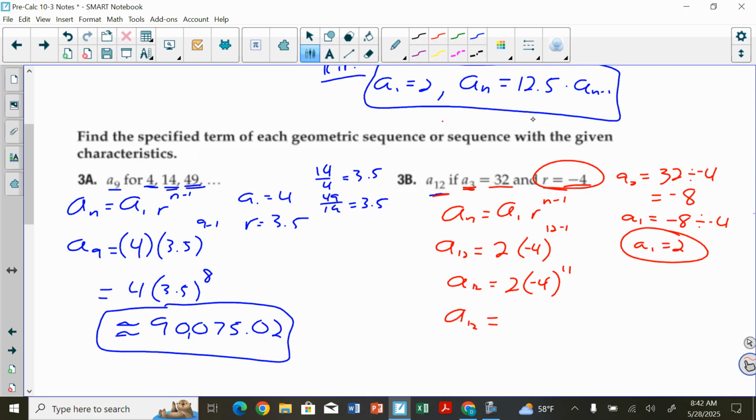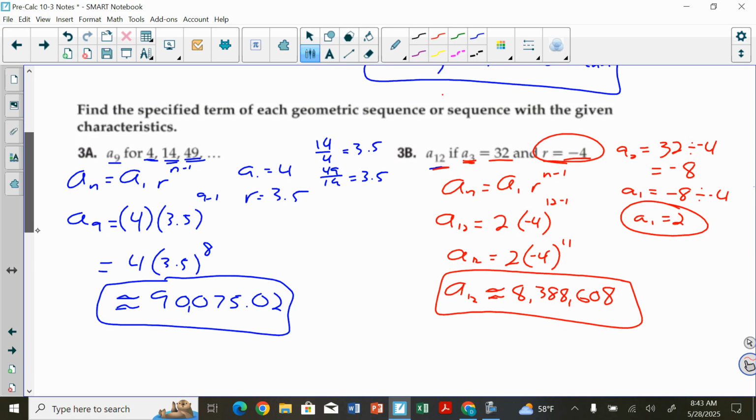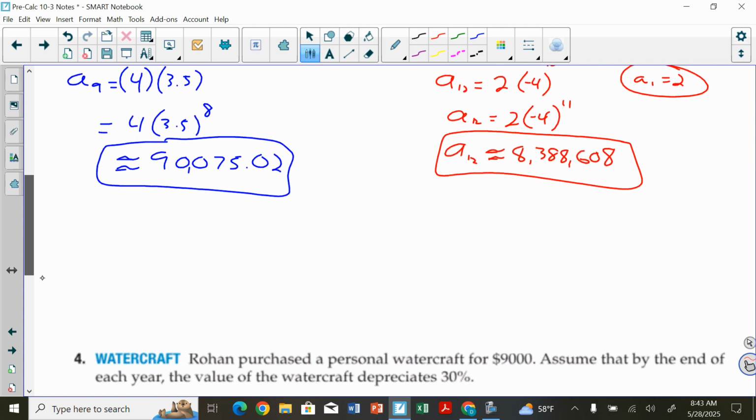A sub 12 would come out to about, I should say, because we're going to crazy decimals here, 8,388,608. Okay. So just finding different ways to get those values. If you get your A1 and you get your R, you're in good shape.